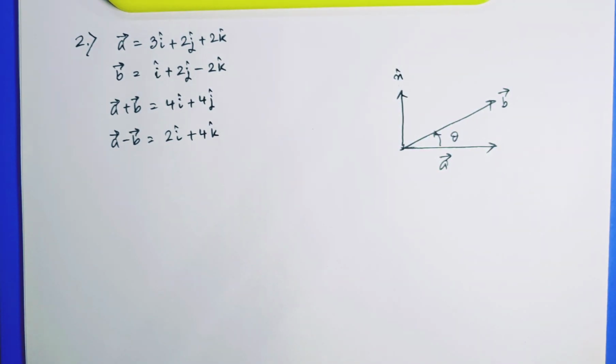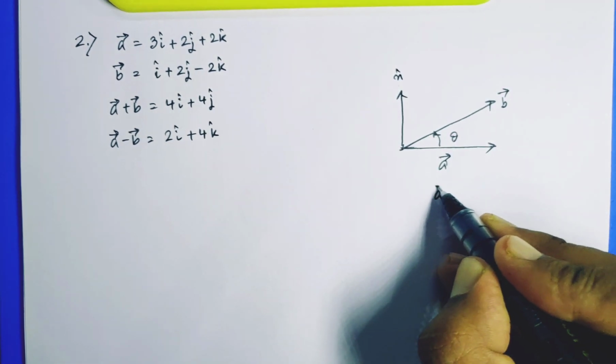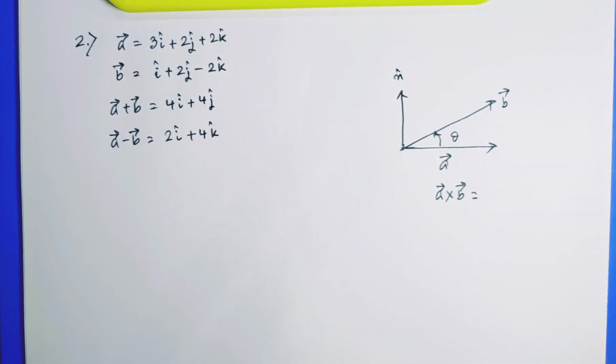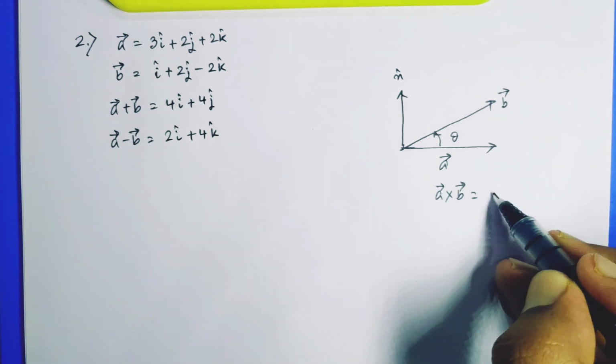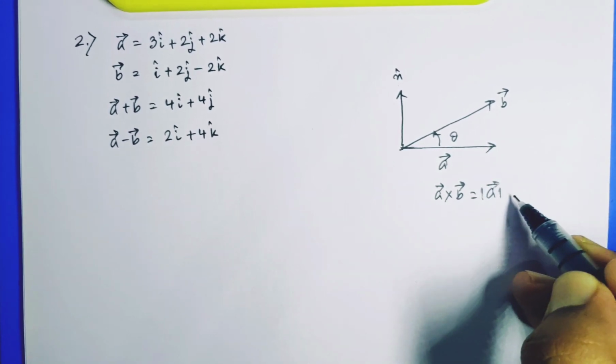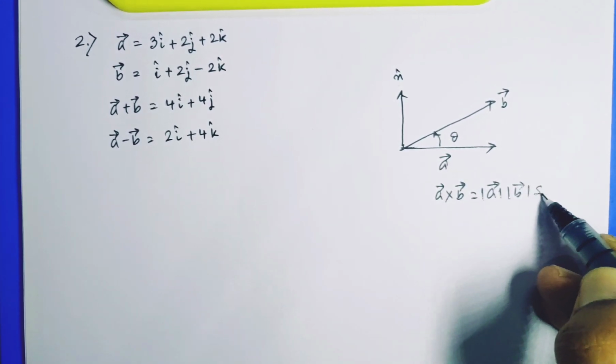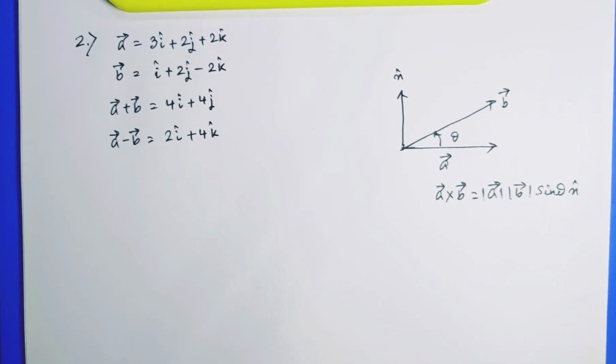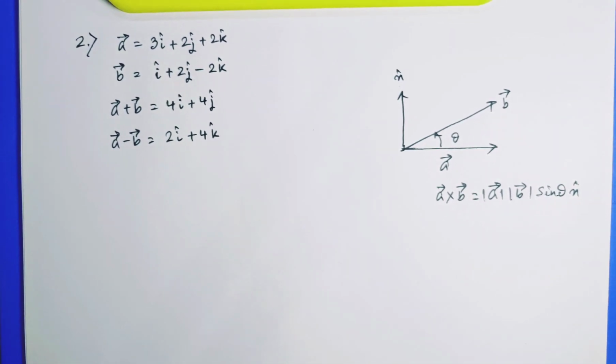We do cross product, right? So if I do cross product of a and b, I will get a vector perpendicular to both a and b. So it is equal to ab sine theta, and here is our unit vector. Am I clear? Okay, so let's do the cross product.